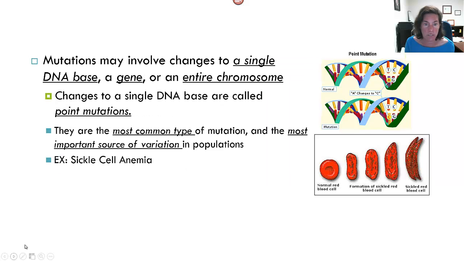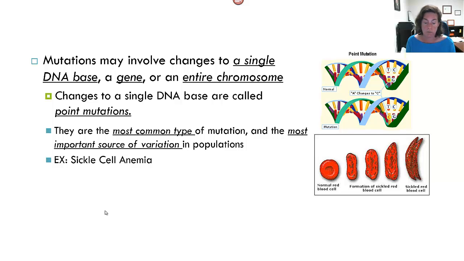Let me go back to the previous slide. Sickle cell anemia is a disease that is associated with a minute change in the hemoglobin chain. Okay, so we have all this chain of amino acids producing this protein hemoglobin, and it has a point mutation.